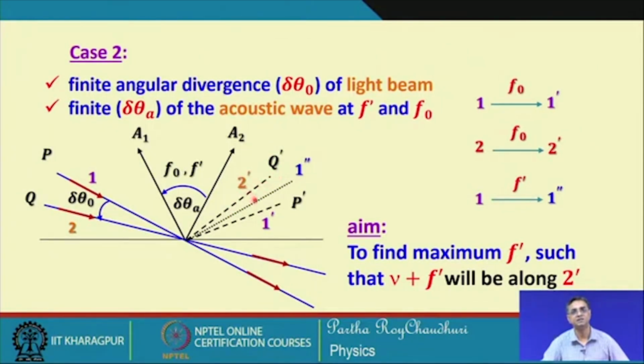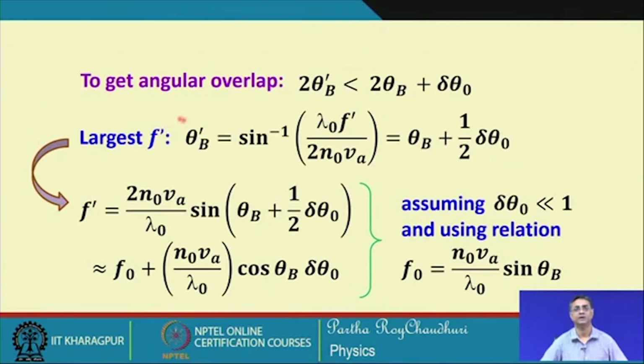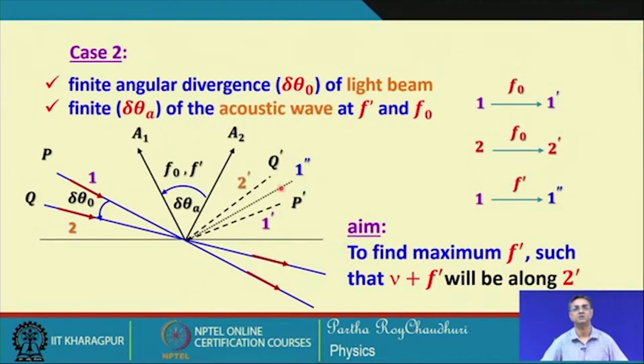So, that is the maximum possible value of f dash compared to f 0, and that gives you the range f 0 minus f dash minus f 0. So, to find the maximum f dash such that this delta nu plus delta f, this frequency will be along 2 dash. That is the task, so that you get an overlap of all the beams.